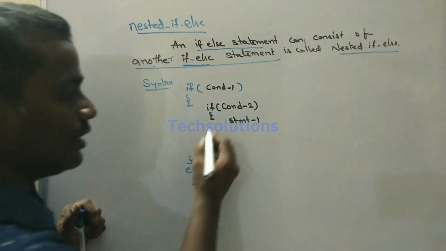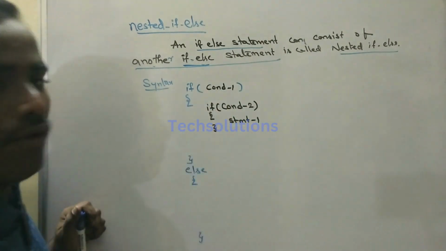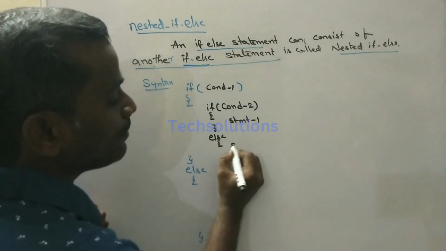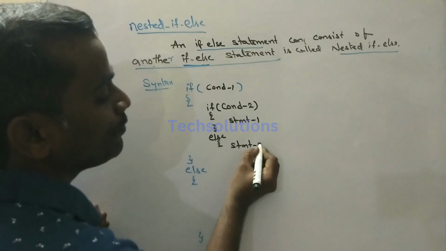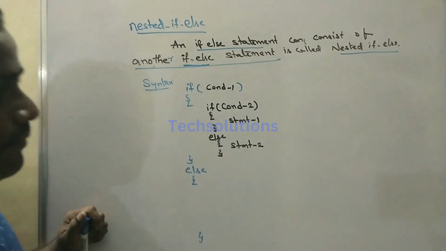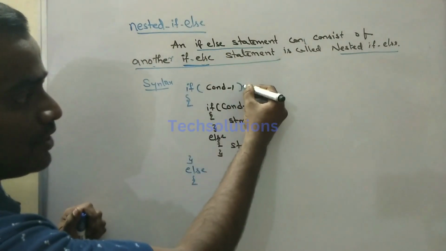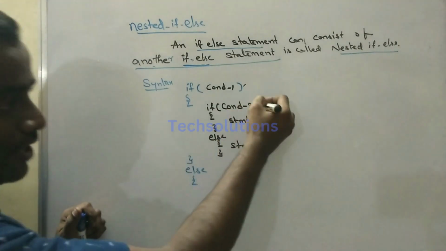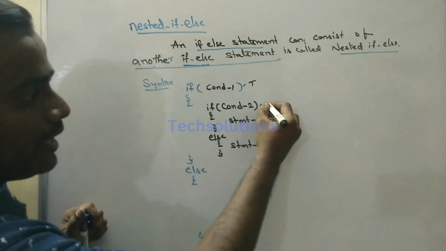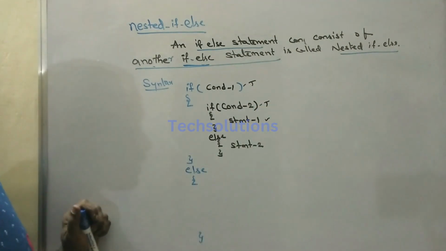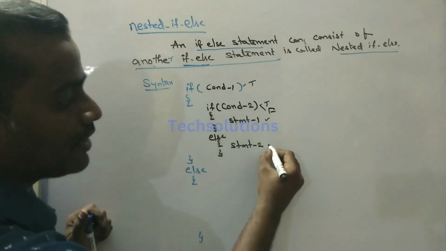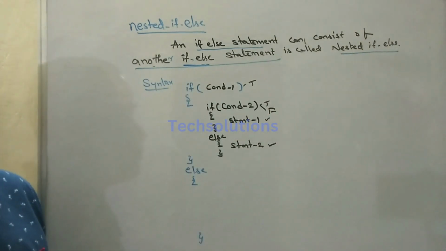If it is false, I can execute some statement 2. Clear? Whenever condition 1 is true, I can go into condition 2. If condition 2 is true, I execute statement 1. Otherwise, if condition 2 is false, I execute statement 2.